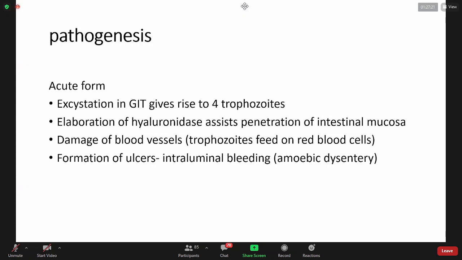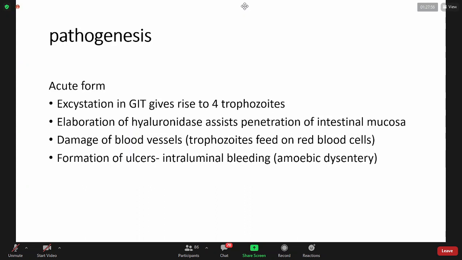How does the disease develop? The disease is known as amoebiasis or amoebic dysentery, and it can be divided into the acute form, when the cysts reach the intestinal tract. We have said the cyst has got 4 nuclei, and each nucleus develops into an actively feeding stage known as a trophozoite.